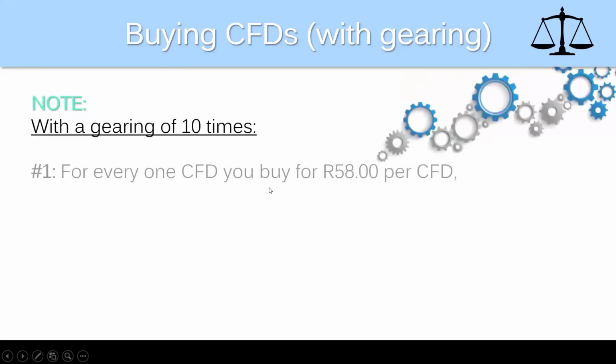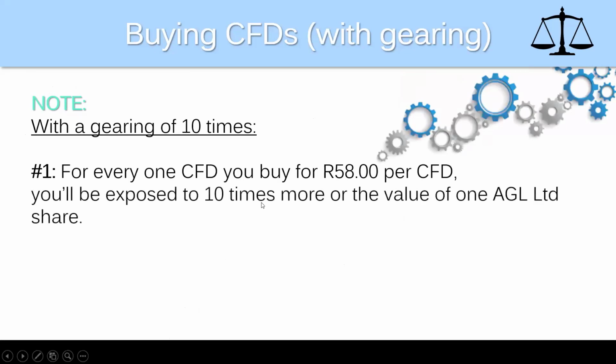So with a gearing of 10 times, for every one CFD you buy for 58 Rand per CFD, you'll be exposed to 10 times more, or the value of one AGL Limited share.